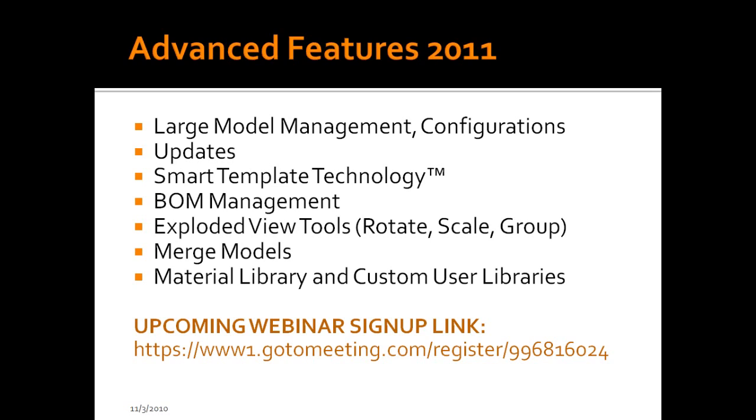It's going to cover the following: large model management, which would be a lot of configurations, and the updates that we talked about. We're going to go into more depth on the smart template technology. I showed you a couple of very easy ways of using that, but there are some very significant ways of tying that to configurations and using it in even better time-saving ways.